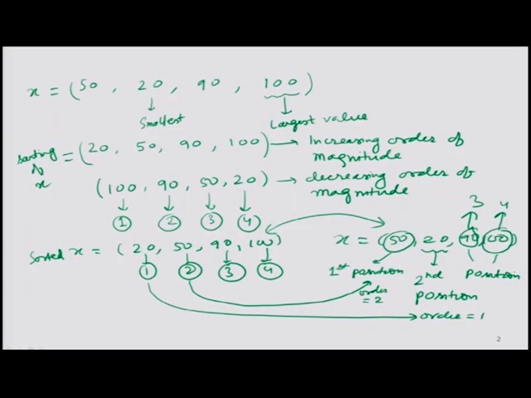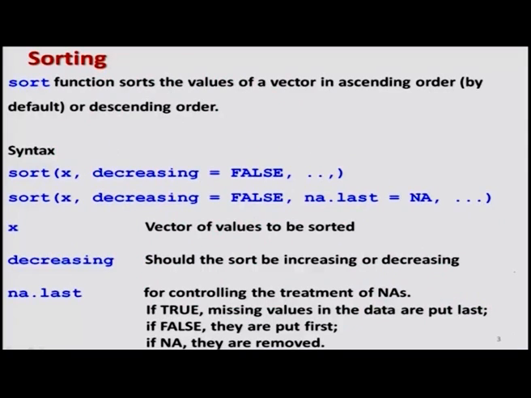Now, how to get this done in R? There is a function which we call sort, S-O-R-T. This is a function which sorts the values inside a vector depending on whether we want to arrange the values in the ascending order or the descending order.